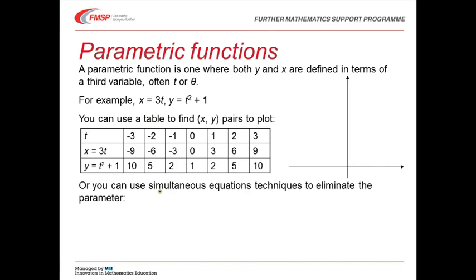Parametric functions. A parametric function is one where both y and x are defined in terms of another variable, often t or theta. So here's an example, x equals 3t and y equals t squared plus 1. What we can do is to use a table of values of t to find x and y pairs. So here's an xy pair, minus 9, 10, and another pair and so on.